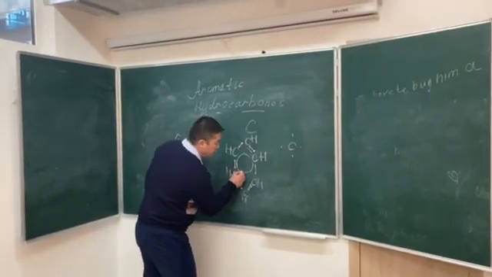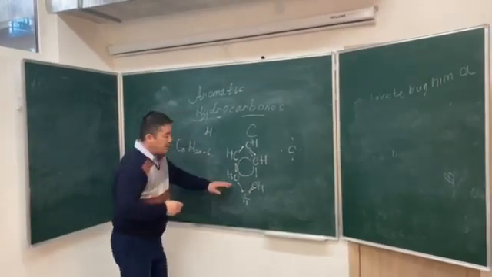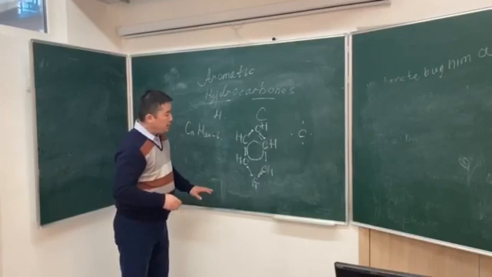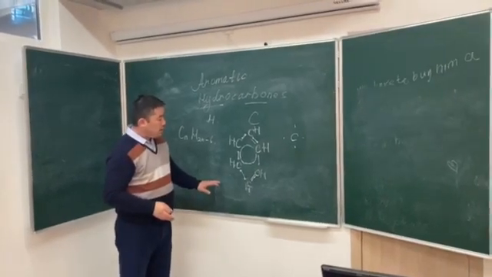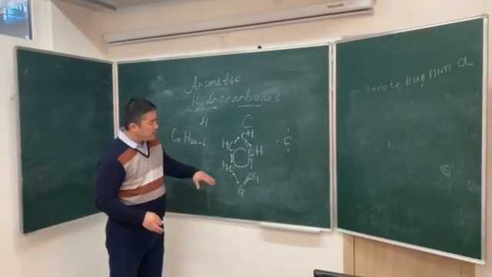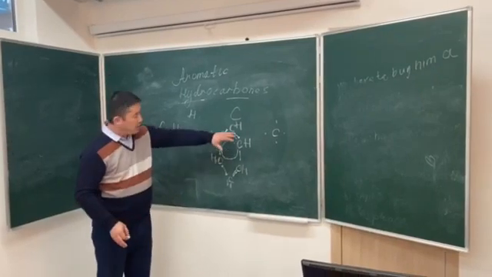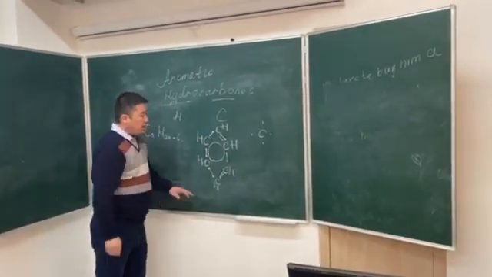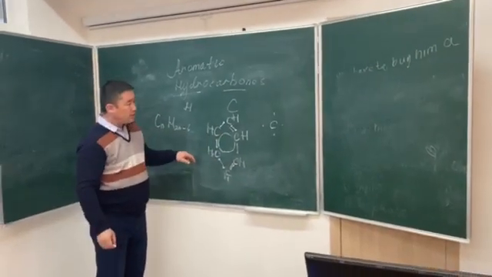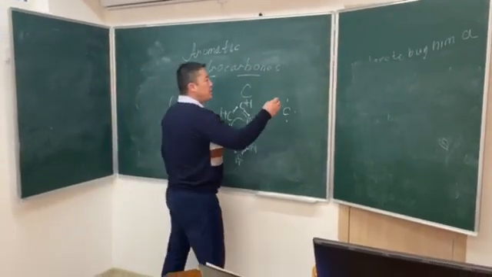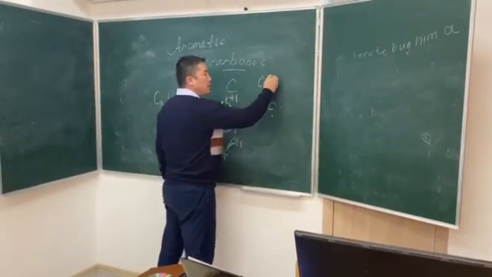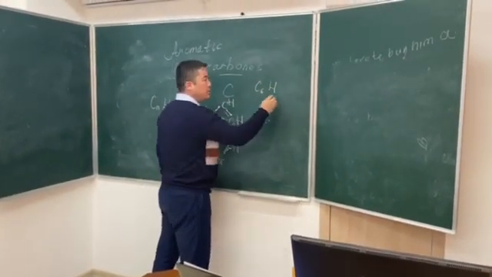So here we can draw a circle. Now, how many hydrogen atoms does this benzene have? 6 hydrogen atoms and 6 carbon atoms. So we can write the benzene formula as C6H6.